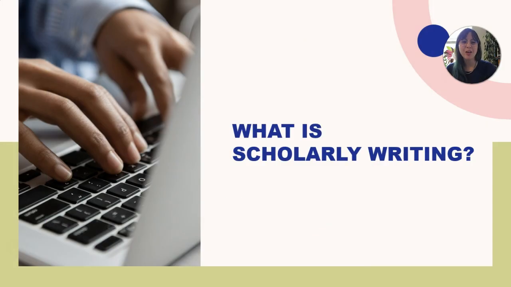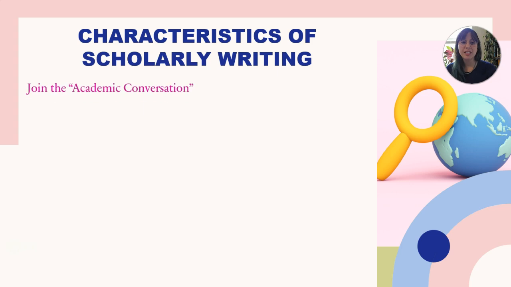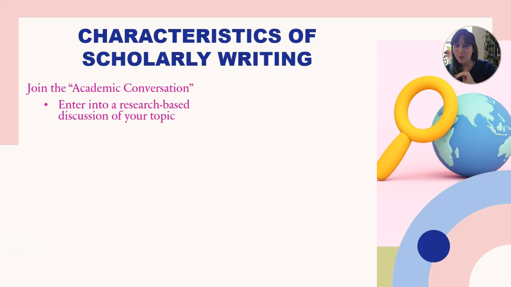So first of all, what is scholarly writing? Some characteristics of scholarly writing, as we already know, is that we want to join an academic conversation. We want to enter into a research-based discussion of the topic, not just my opinion and my reasons why, but knowing that you have paid attention to the conversation and that you're ready to join.